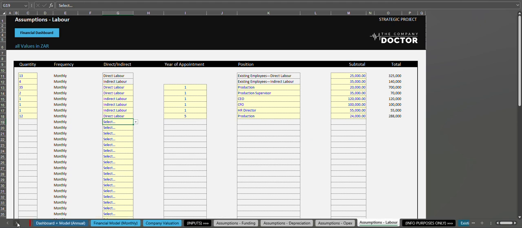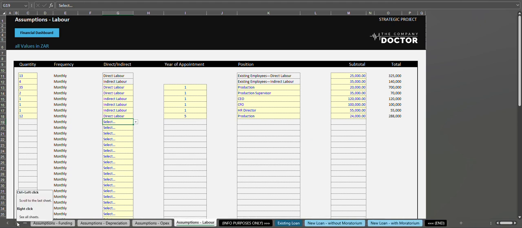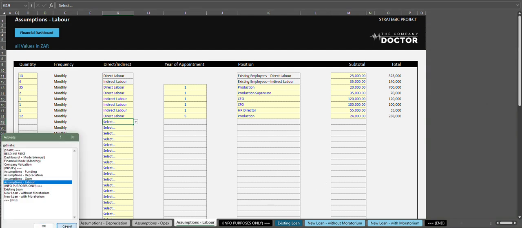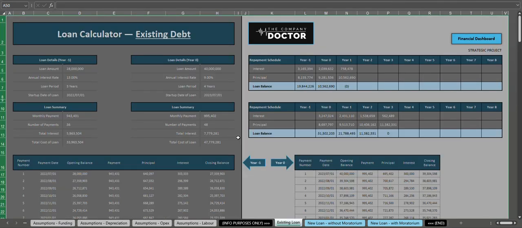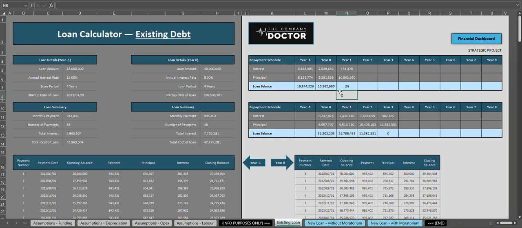So just in conclusion, we spoke about the existing debt and new debt that you have in the company or may have in the company. You will see that the existing loan or 2 existing loans have automatically been pulled through to this amortization schedule.